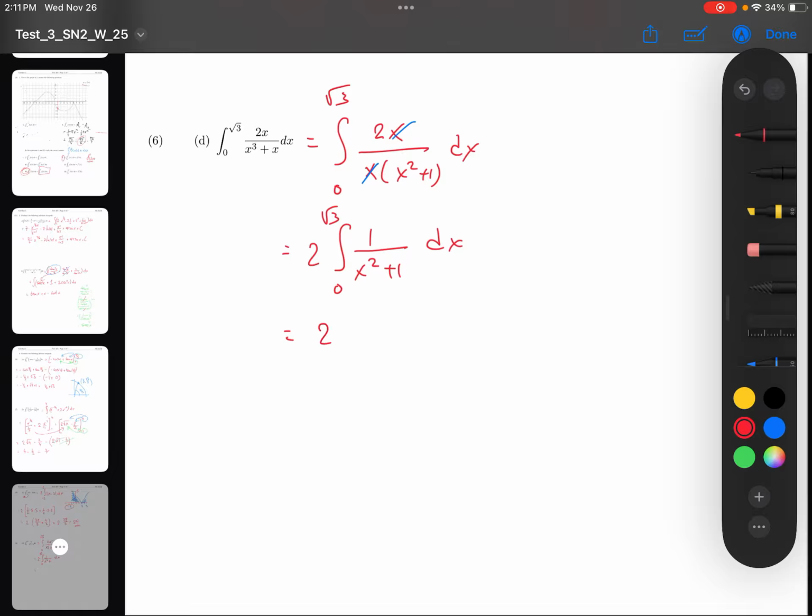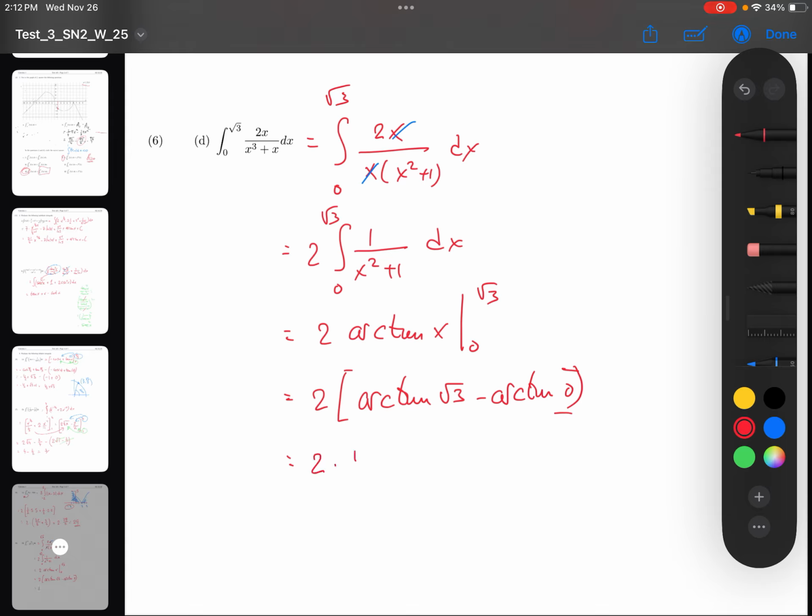The antiderivative is arctangent of x evaluated from 0 to square root of 3, so 2 times arctangent of square root of 3 minus arctangent of 0, and that's equal to pi over 3, 2 times pi over 3 minus 0, which is 2 pi over 3.